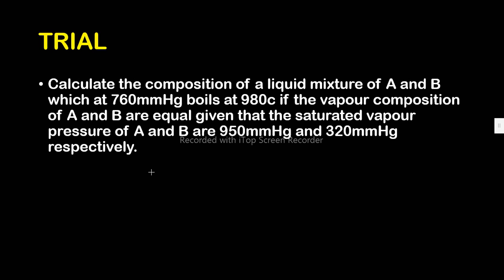And we made a conclusion by getting this formula from Raoult's law, that if you consider the partial vapor pressure of an ideal solution, it must be equal to the mole fraction of one component times its pure vapor pressure at that particular temperature, plus the mole fraction of another component times the pure vapor pressure of that component at that particular temperature.